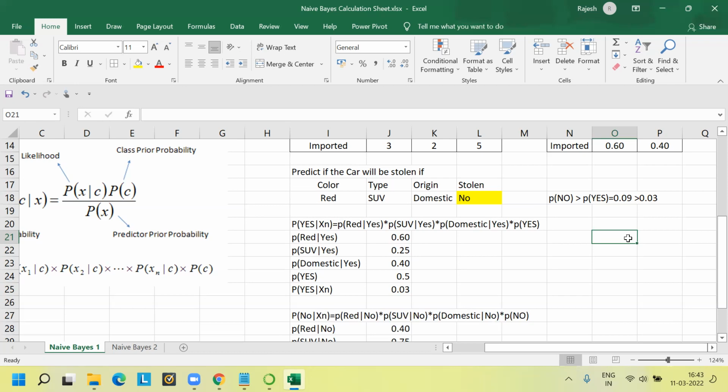You don't need to remember the independent variables, you just need to remember the single variable formula. Y given x is equal to x given y multiplied by y divided by x. It is the Bayes classification algorithm. Only classification. You cannot use it for regression.